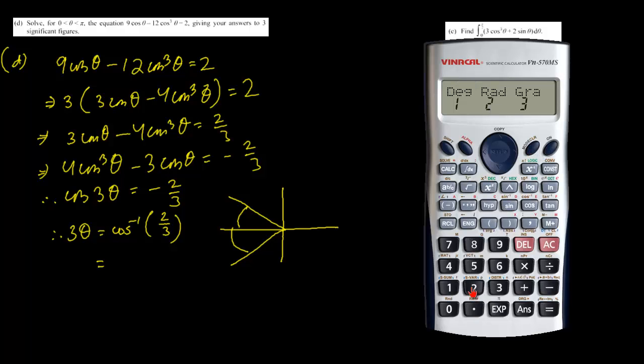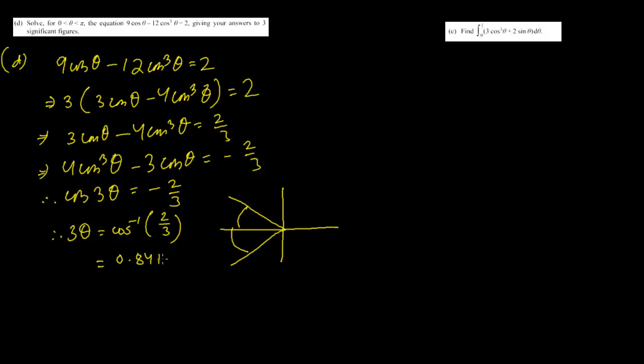Cos inverse of 2 by 3 is going to be 0.8411. Basic angle 0.8411. Remember, this is multiple angles, we cannot break this down.